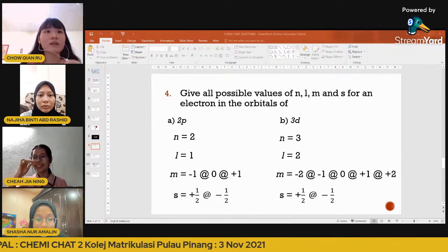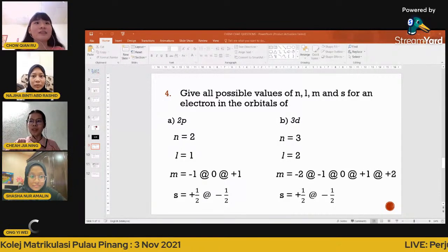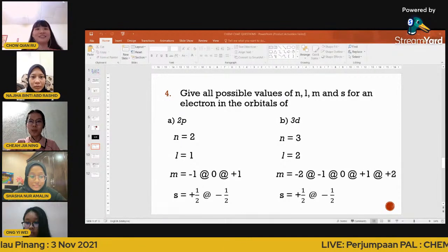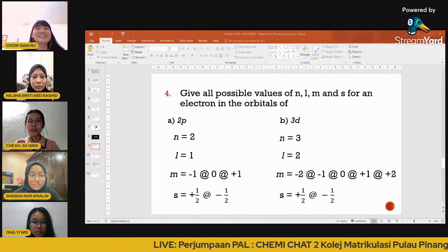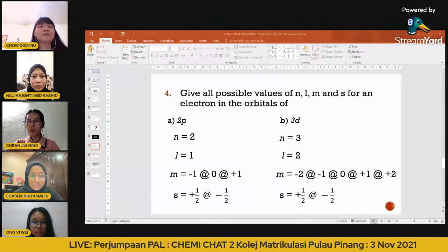Okay, hi again. So this is our question 4. The question is, give all possible values of n, l, m, and s for an electron in the orbitals of A, which is 2p.